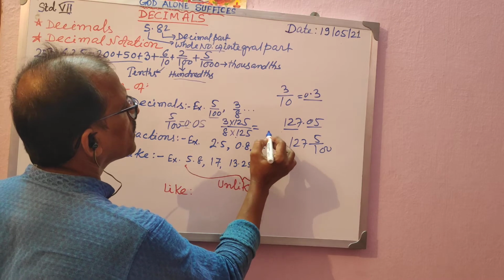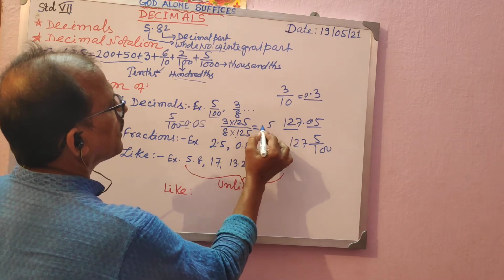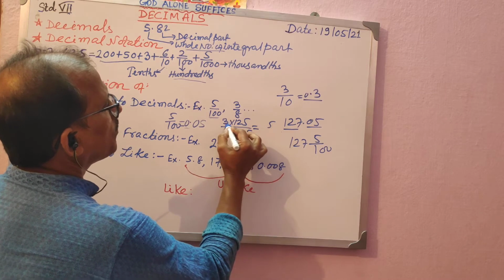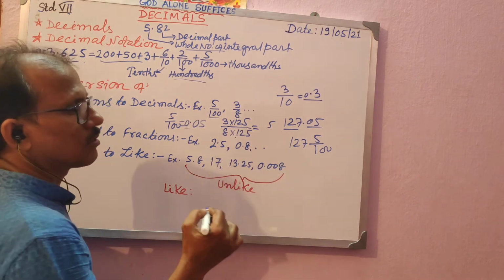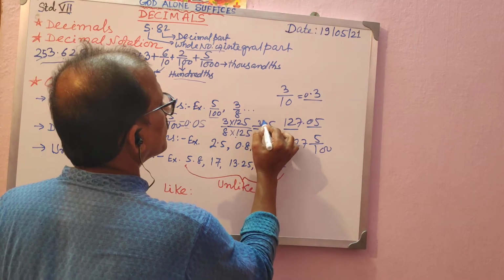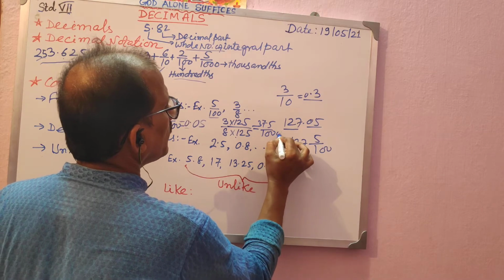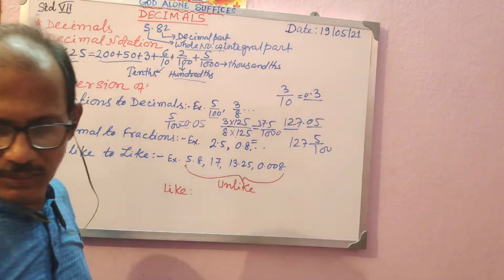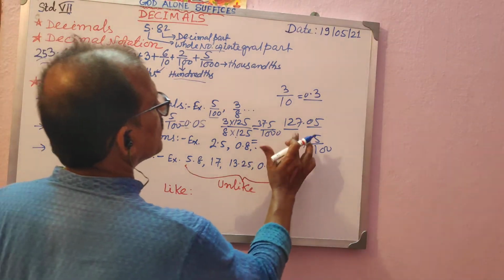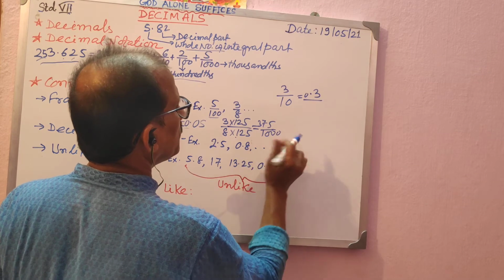So it will become how much? 3 5s are 15, 1 carry over, 3 2s are 6 plus 1, 7, 3 1s are 3, so 375 by 1000. Now easily you can convert this, the way I said to you. If you do the decimal part, how will you do?